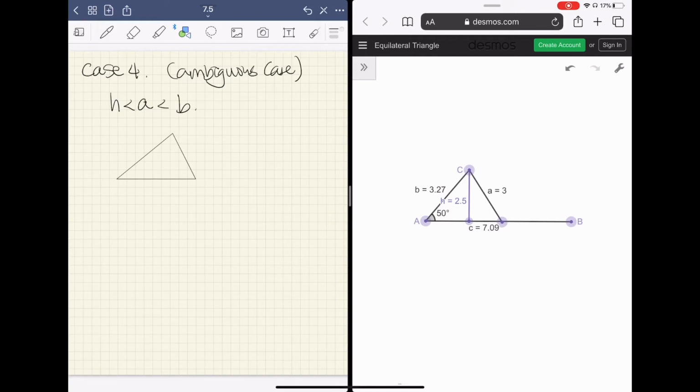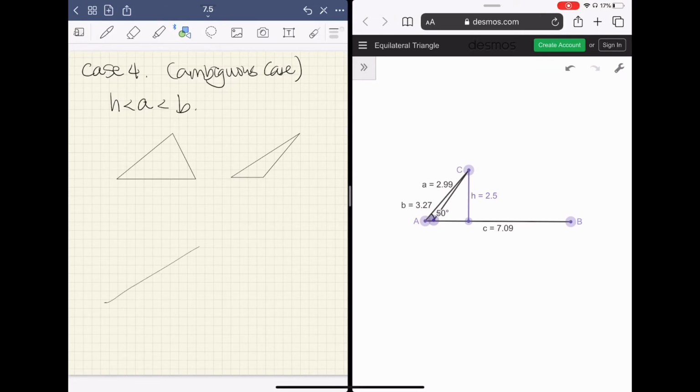But if you think about it, A equal to 3 is not only this triangle. It could also be this one. 3 is almost there. Yeah, close enough. So you could also have a triangle that looks like this, right?